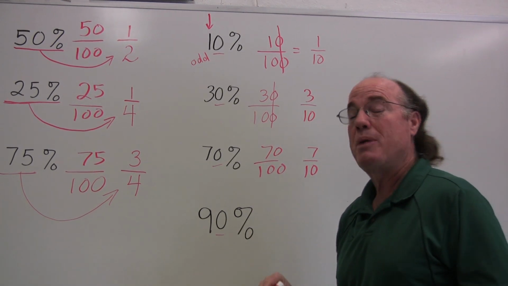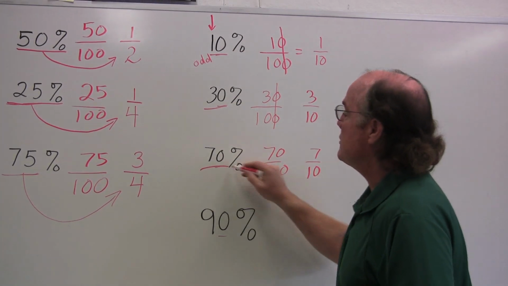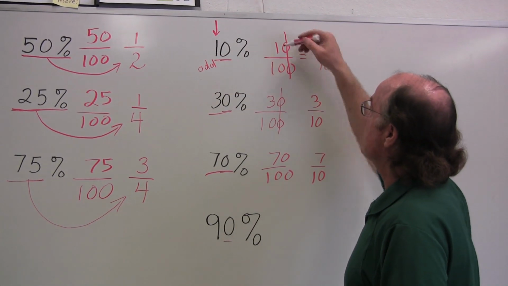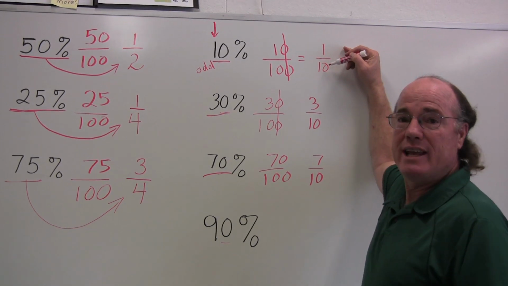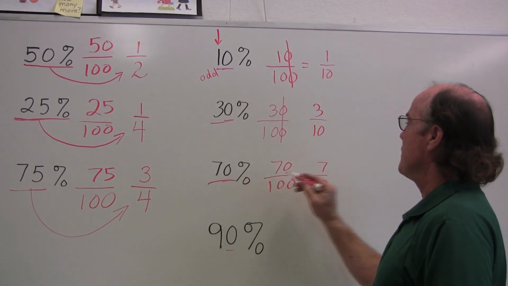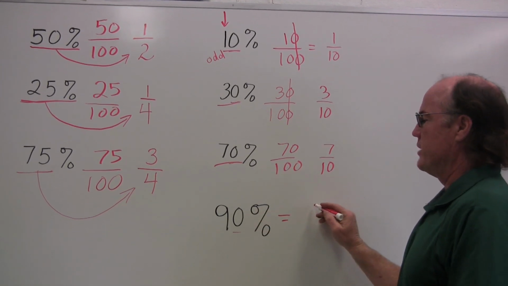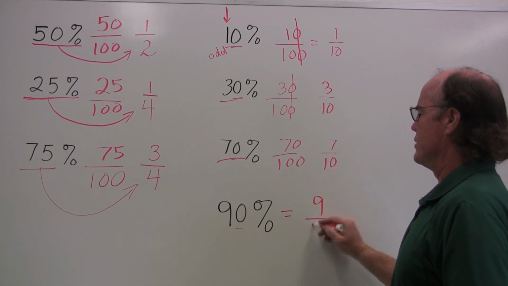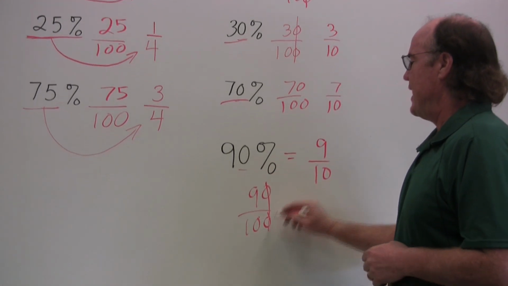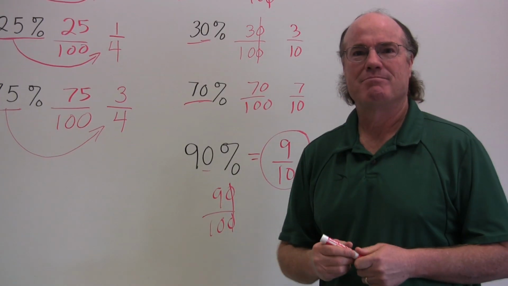And you may notice a little pattern here. When we're dealing with numbers like this, it's just like dealing in dimes. 10% is like 1 dime over 10 dimes. 30% is 3 over 10 dimes. 70% is 7 dimes over 10 dimes. And guess what? By now you just say, oh, well, this is easy. 9 over 10, right. 90 over 100, take that off, and our reduced fraction is 9/10. Okay? Bingo.